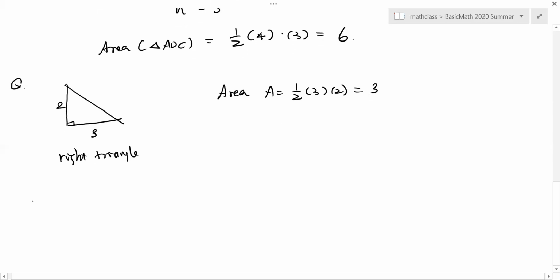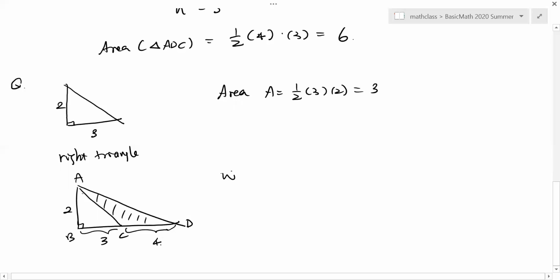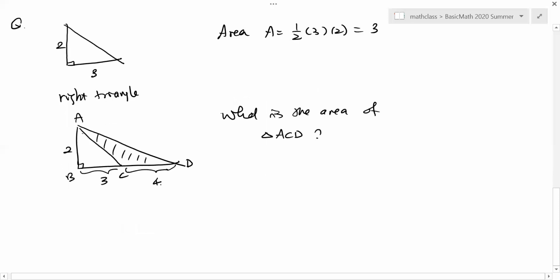Now I change the problem a little bit. Here's 2, this is 3, and this is 3, this is 4. Now, what is the area of this triangle A, B, C, D?